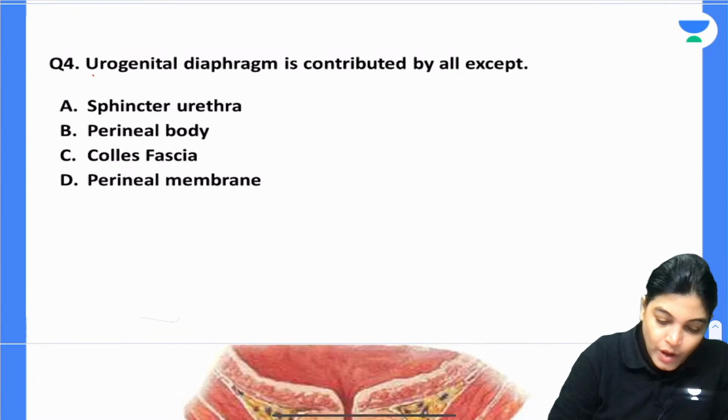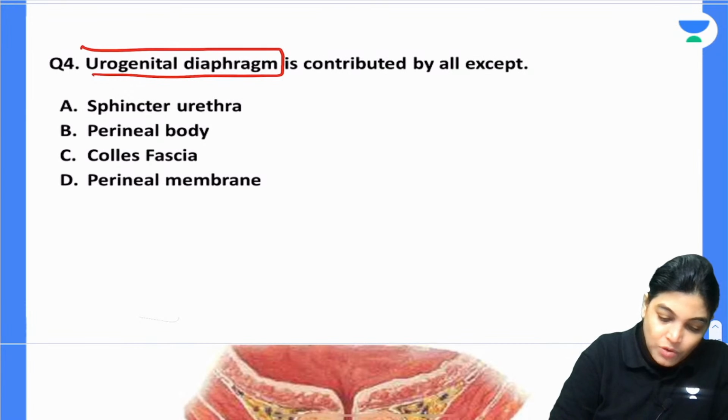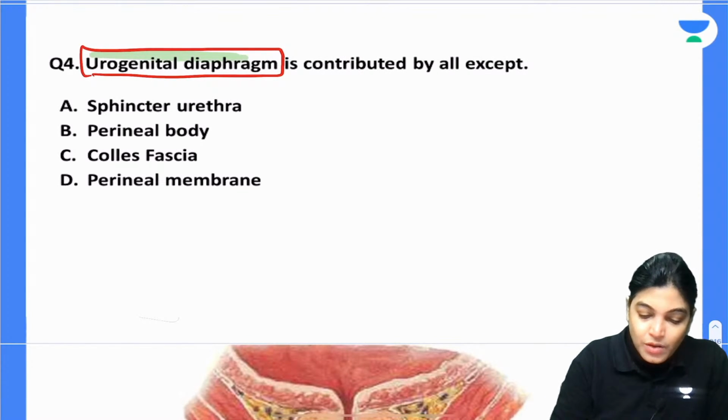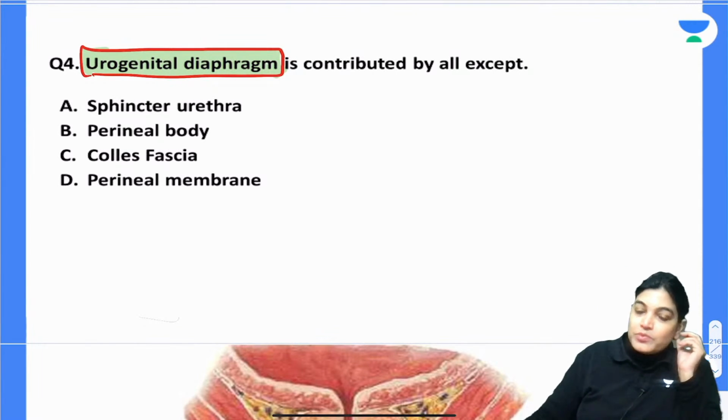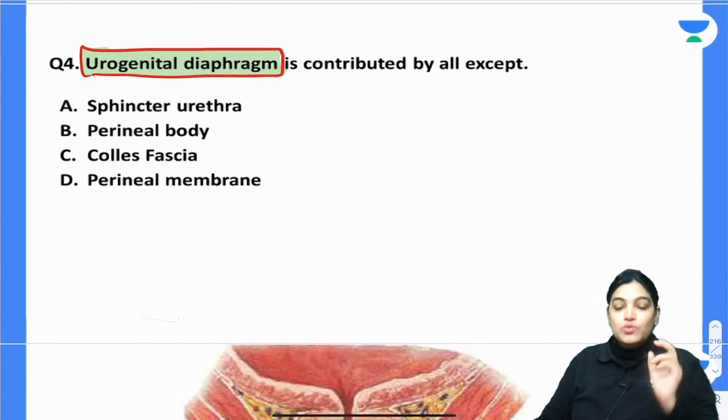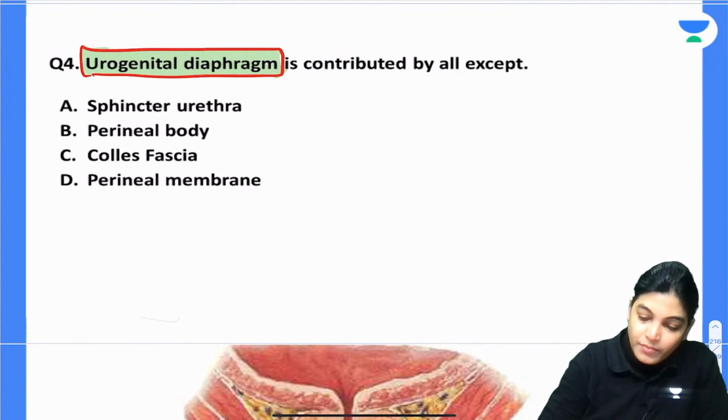So the first thing you have to know is what the urogenital diaphragm is. Which structure is contributing? Actually, the urogenital diaphragm consists of muscles. It is covered by superficial and inferior fascia of the urogenital diaphragm, and it consists of 2 muscles.